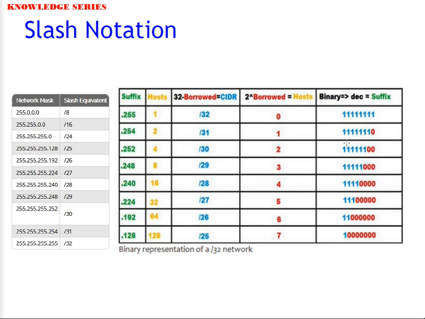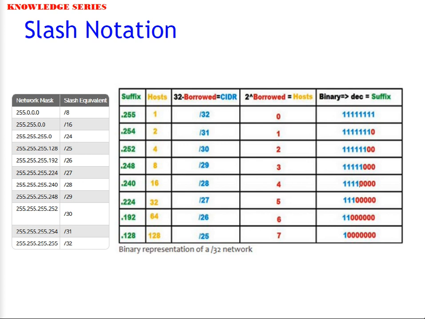This was 255. 255 is nothing but all ones. As we keep borrowing one by one, it keeps adding. It is converting, putting as 0. That means when we are borrowing from the host, you are putting zeros. But when you are taking from the network, you are putting a 1.